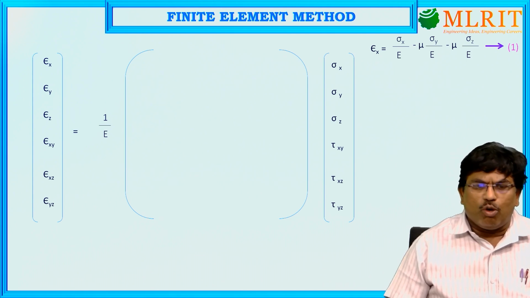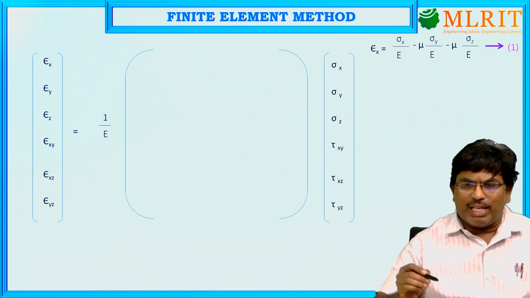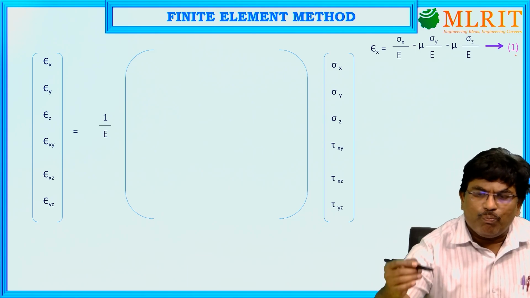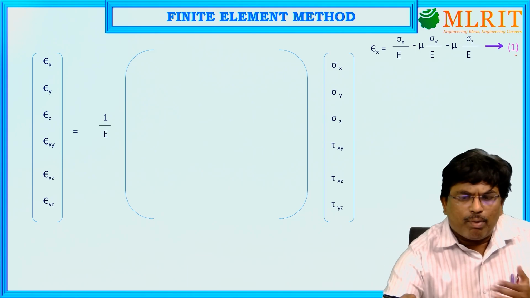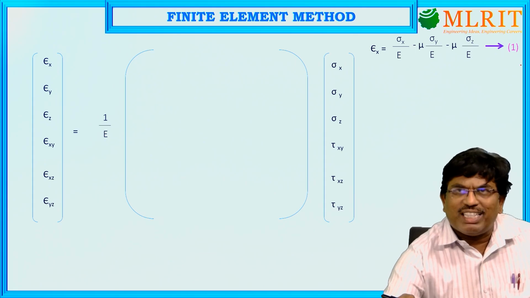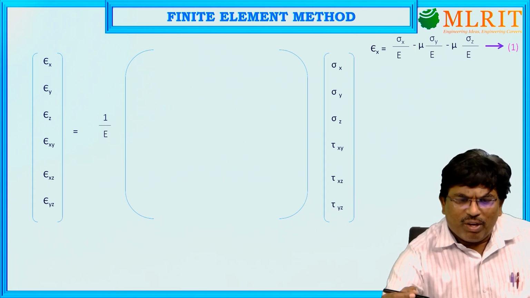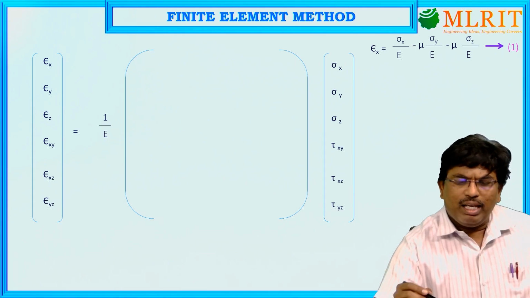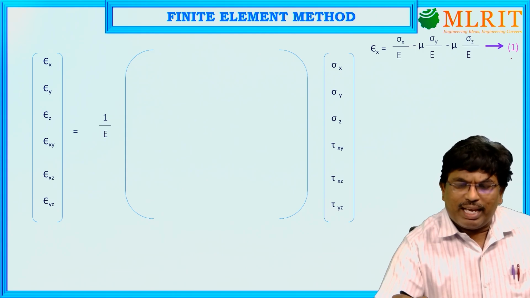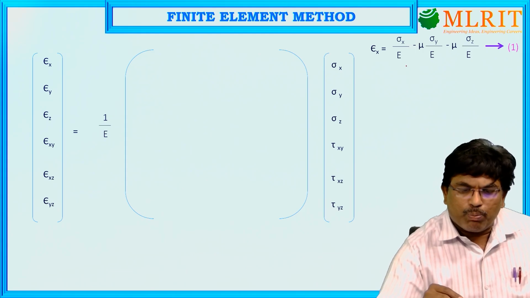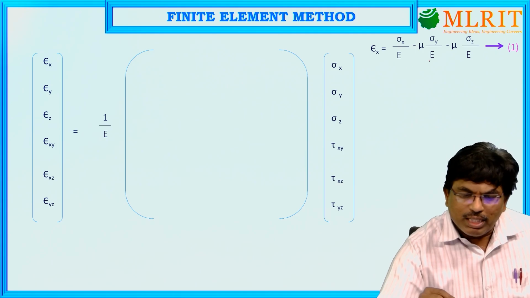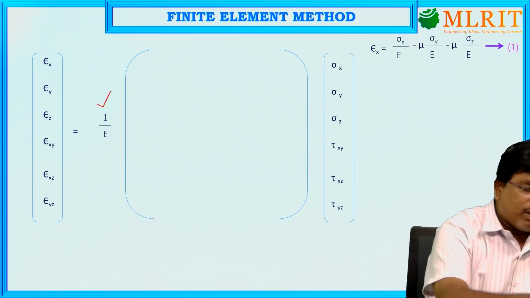Now you have to go equation by equation. Suppose I take the first equation; we have to convert equations 1, 2, 3 and 4, 5, 6 into matrix form. For example, I will take only epsilon x, which is equation number 1: sigma x by E minus mu sigma y by E minus mu sigma z by E. In this, I have taken 1 by E as common.